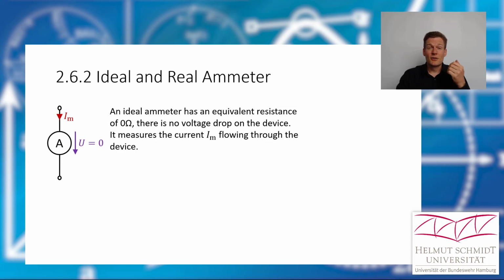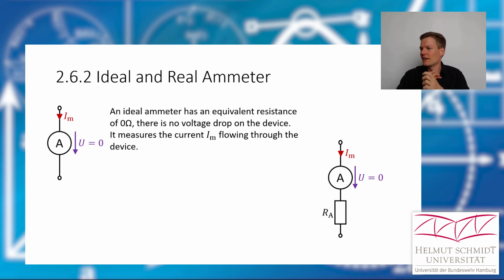Okay, but a real ammeter has an inner resistance, and we can add a resistor here, and we have to put it in series, and therefore the current could flow through the ideal device in our equivalent circuit here, and the voltage drop occurs at the inner resistance, and we can express it with Ohm's law.